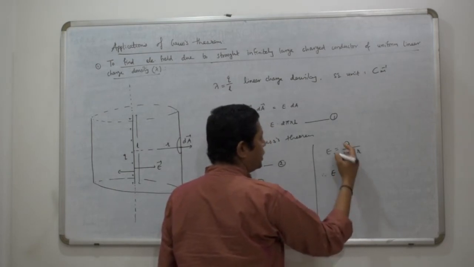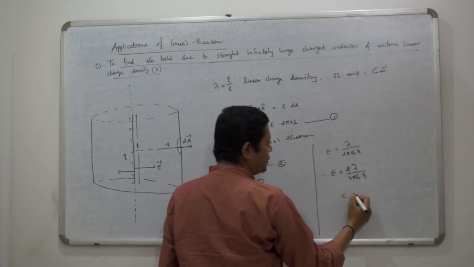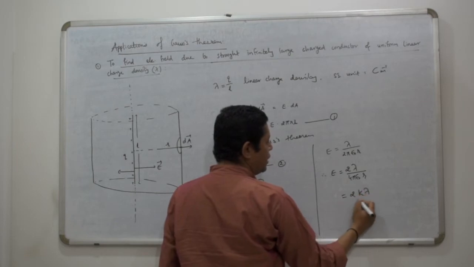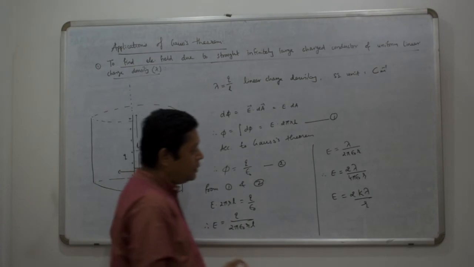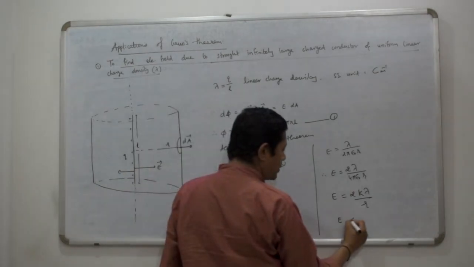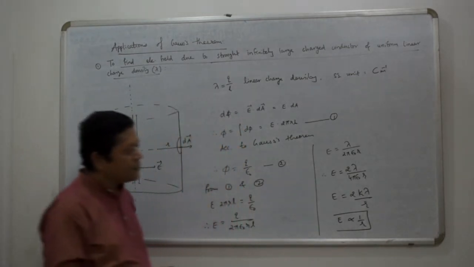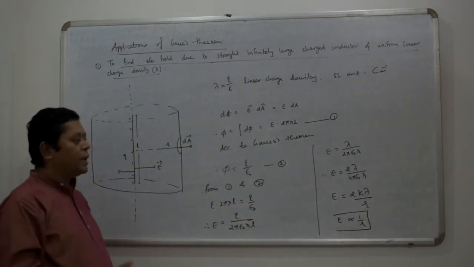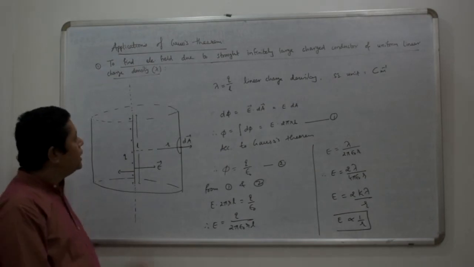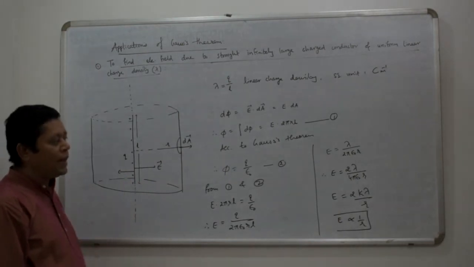So 2 in the numerator, lambda upon 4 pi epsilon naught R. This quantity 1 upon 4 pi epsilon 0 is represented by the symbol K. So the value of electric field will be 2K lambda by R. So you can say the electric field is inversely proportional to R if charge density is uniform. So this is the equation for electric field due to linear charge distributed over an infinitely long wire.